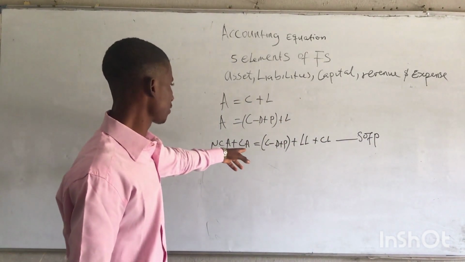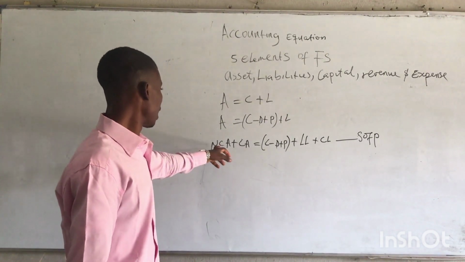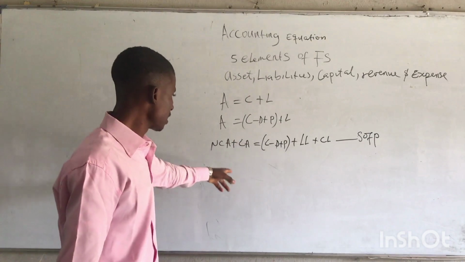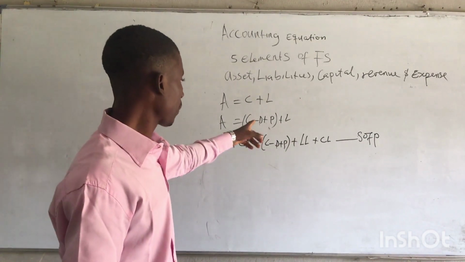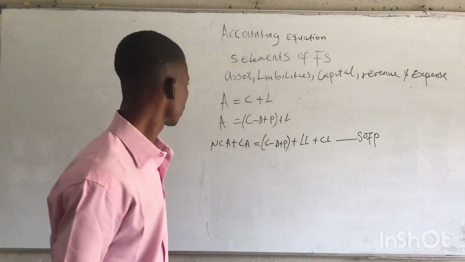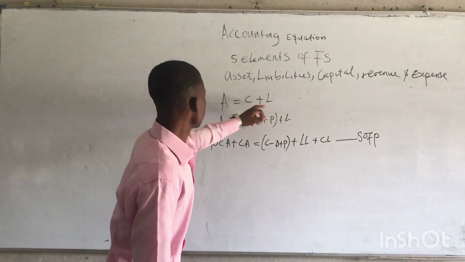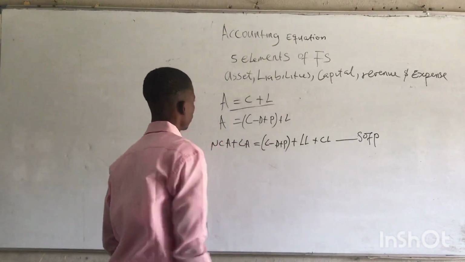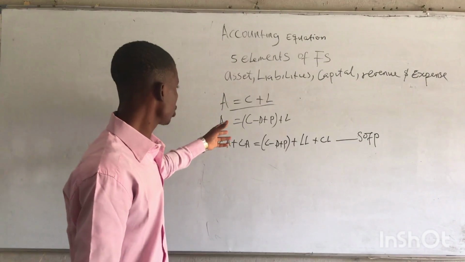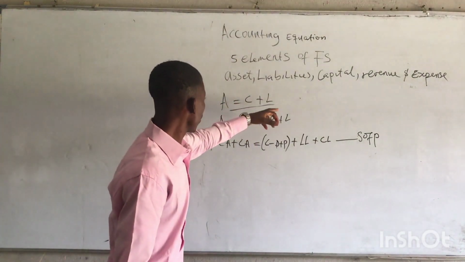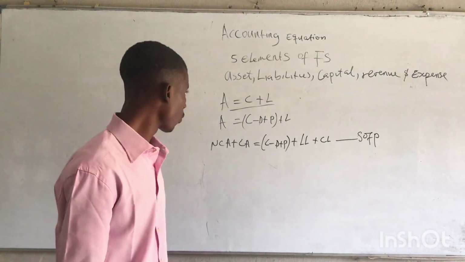So from here now, you can see that at every point in time the assets of a business are always equal with its capital plus liability. And again, going with this first fundamental equation, you can also expand it. You can also make any of the components become the subject of the equation.